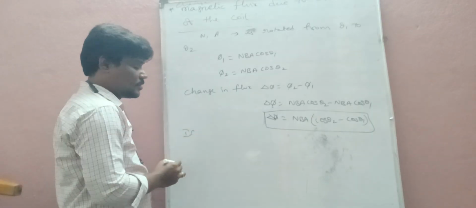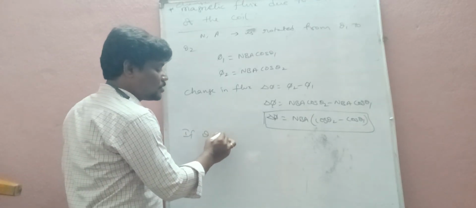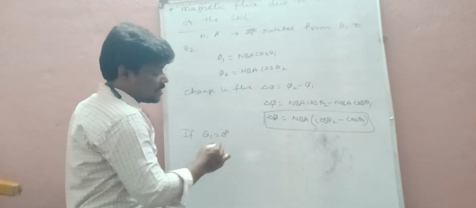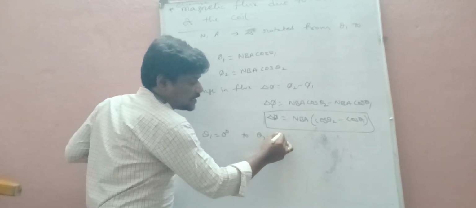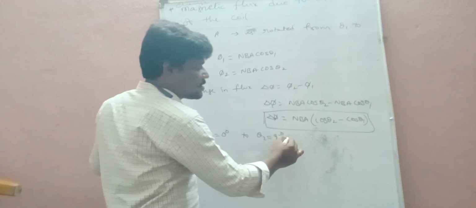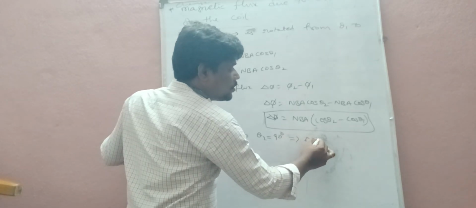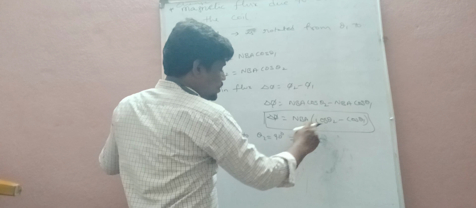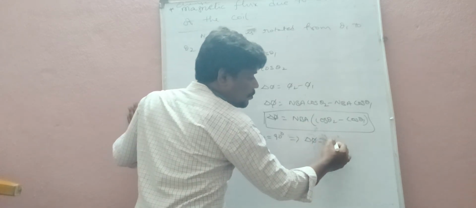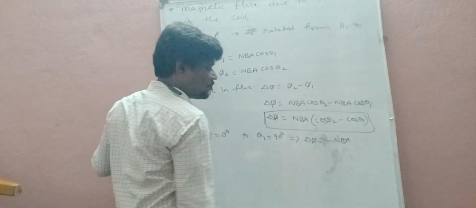If theta 1 is equal to 0 degree and theta 2 equal to 90 degree, what is the change in flux? Delta phi equal to cos 90 equal to 0, cos 0 equal to 1, that is minus NBA.